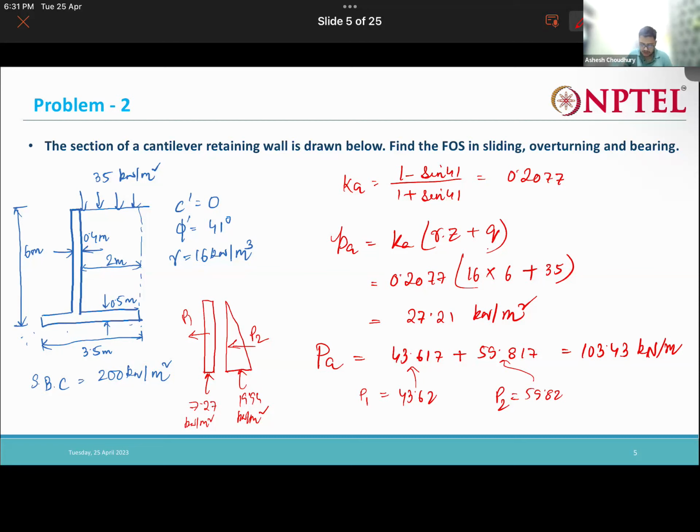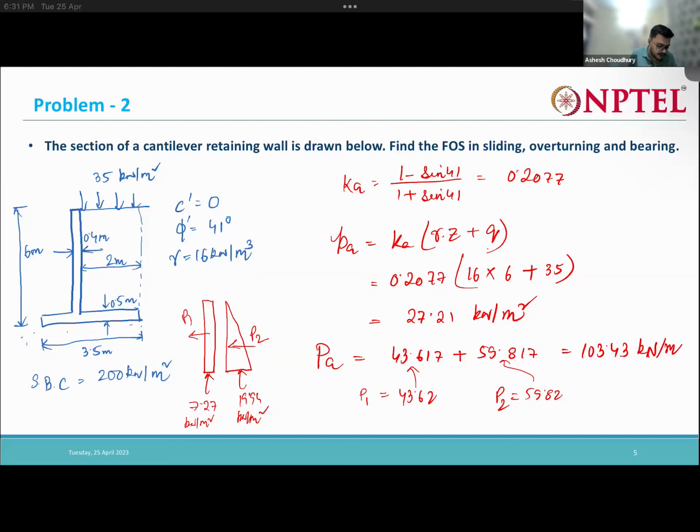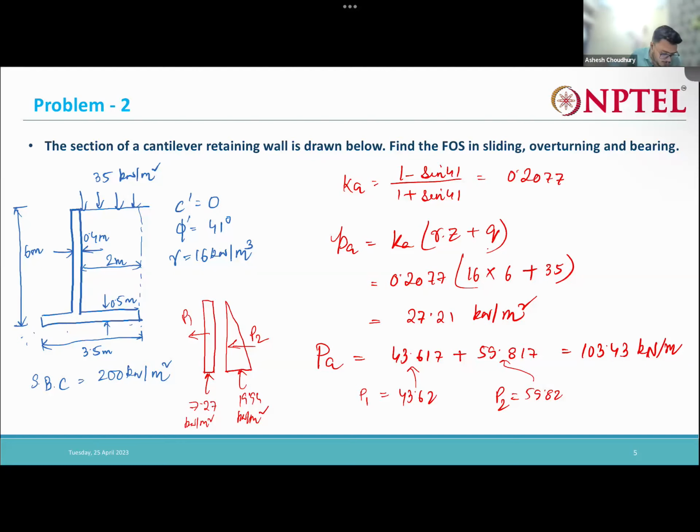Now what we will be doing is determining the distance of the base reaction from the heel.